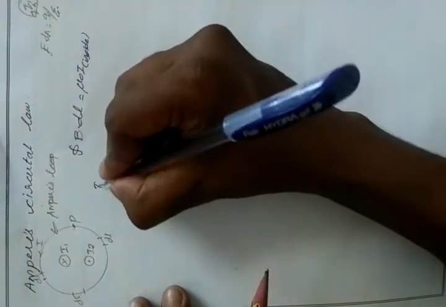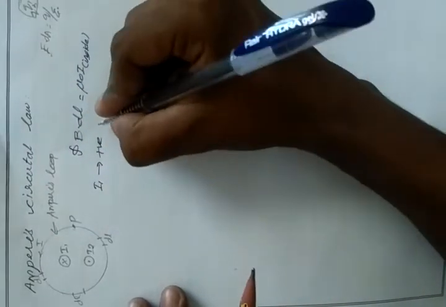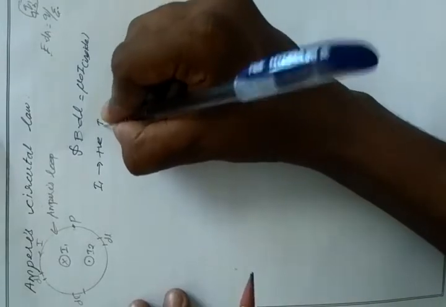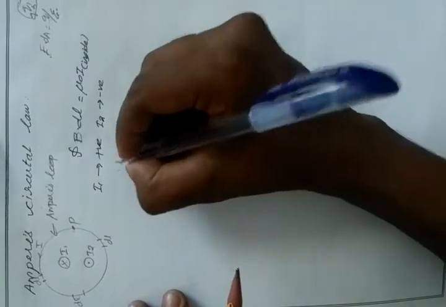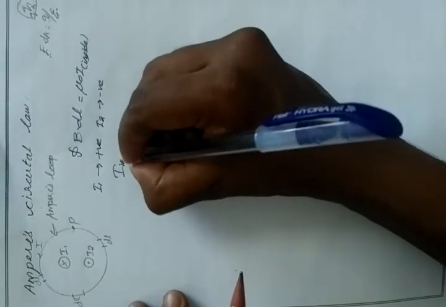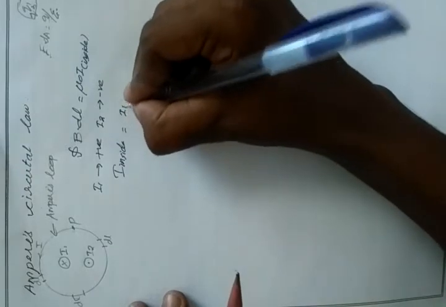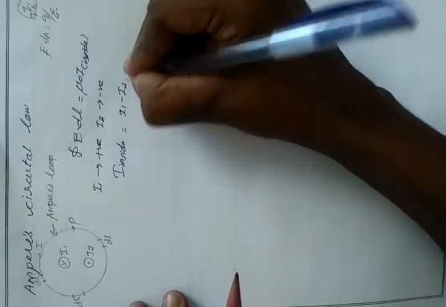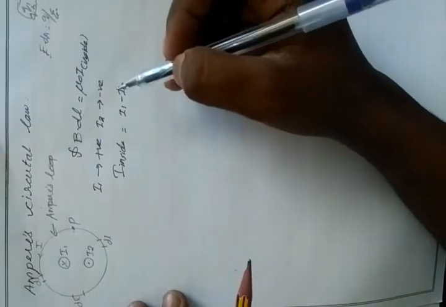I1 is positive in one direction, and I2 is completely in the opposite direction, so we say I2 is negative. Then what is I inside? We can say I1 minus I2. This is the value of I inside.